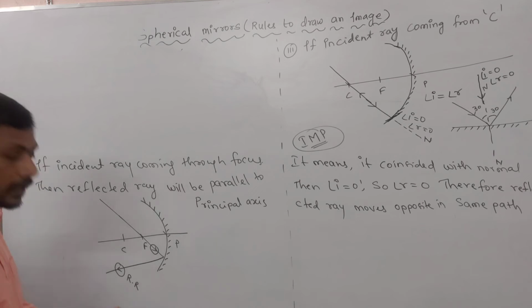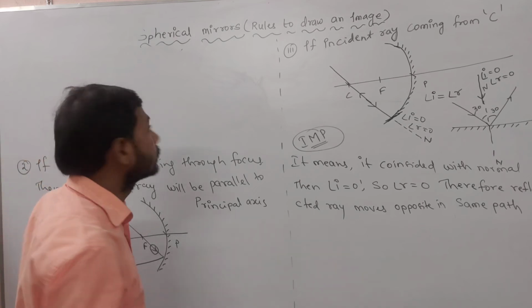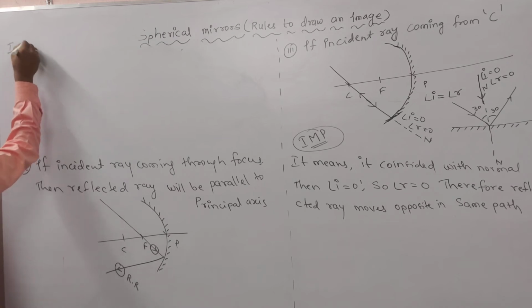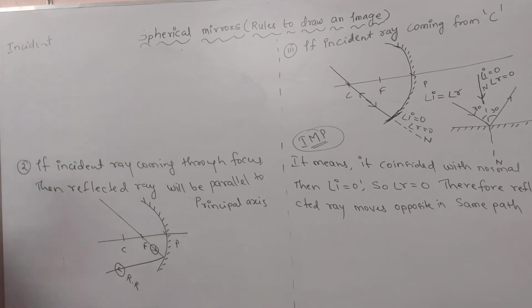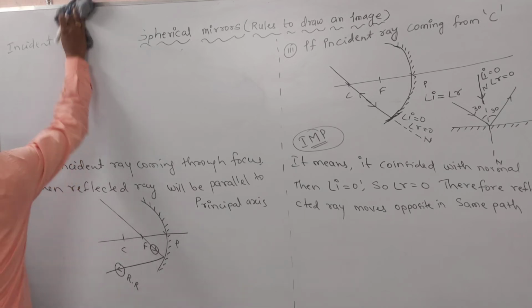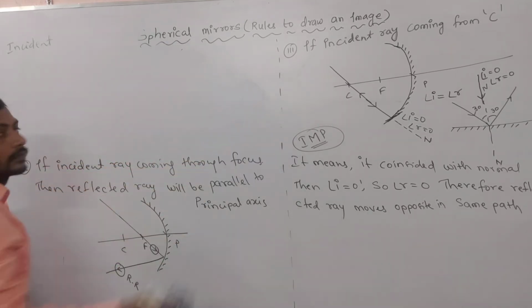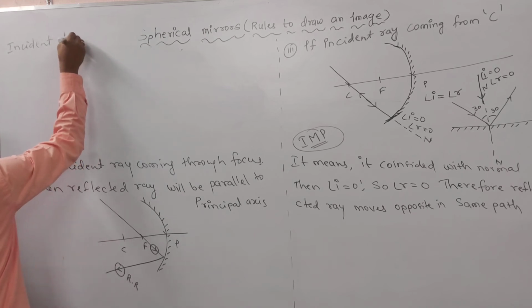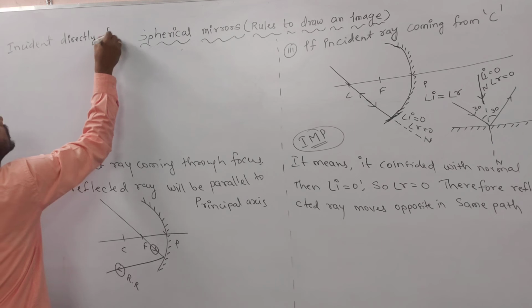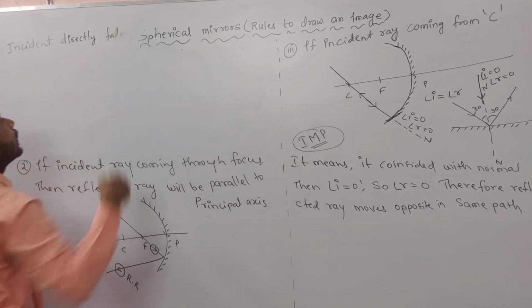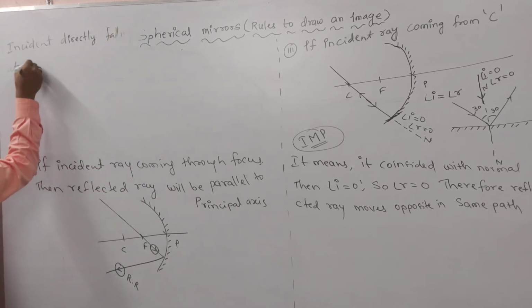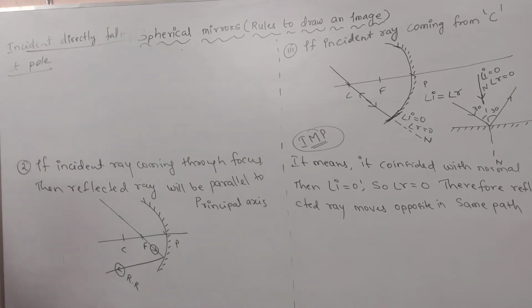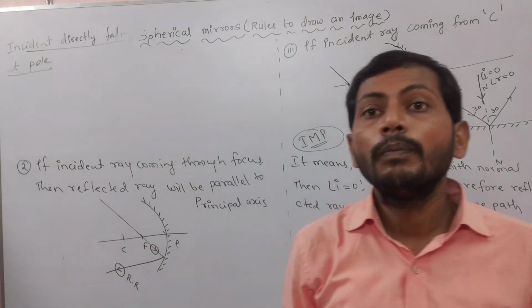Now the next one: the incident ray is directly falling at the pole.